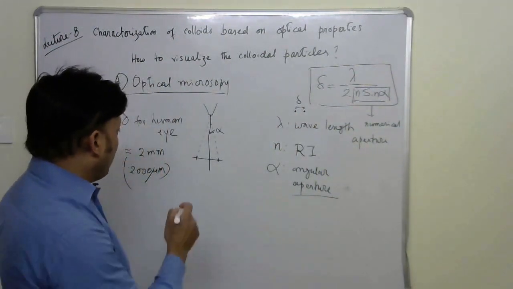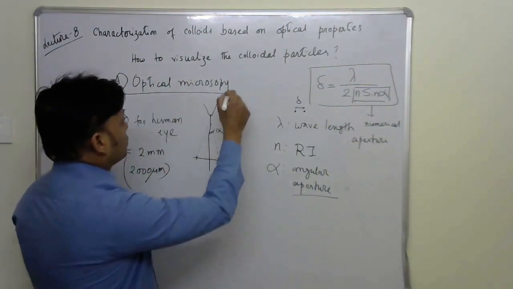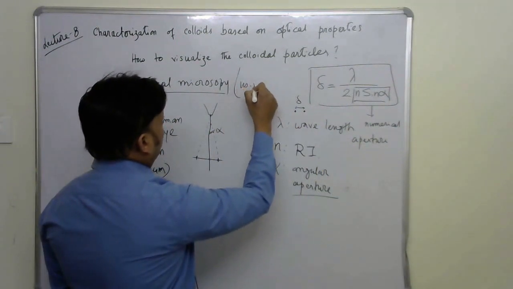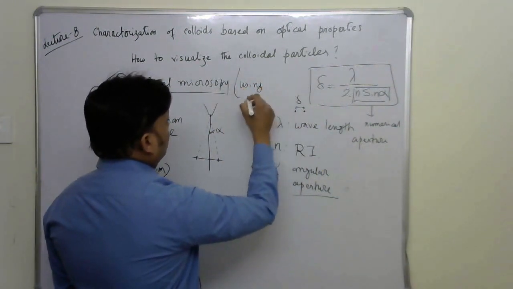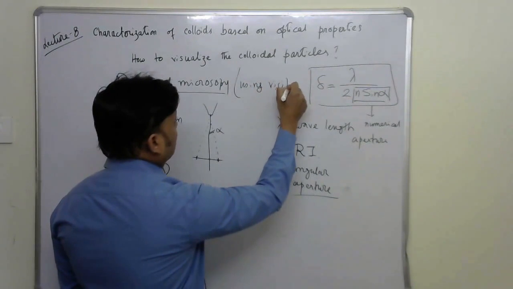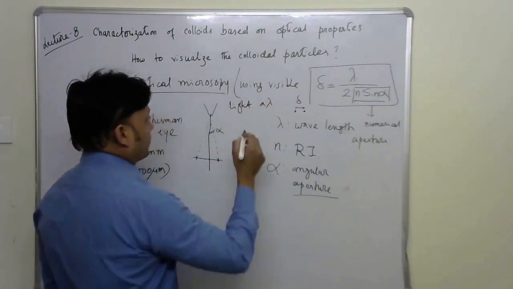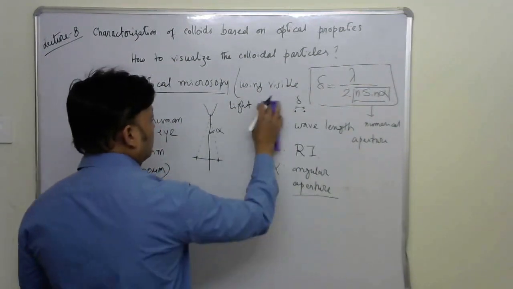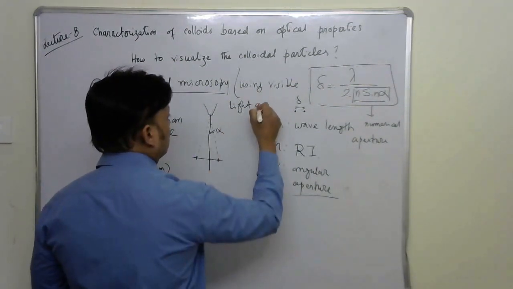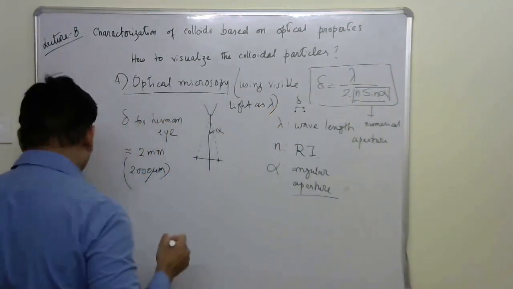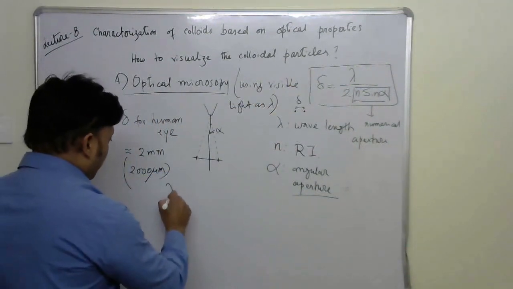So for light, optical microscopy usually means using visible light as lambda. So what is the range of lambda for visible light?